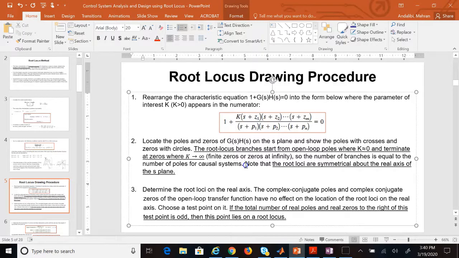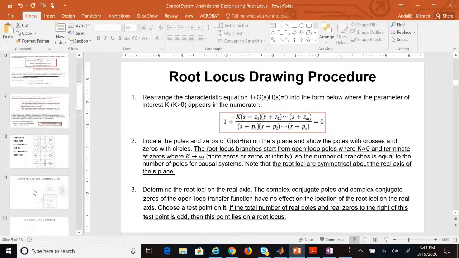So what we are drawing here is everything is in the imaginary plane. We have a real axis and an imaginary axis. So root locus is always drawn like any complex plot, and it is always symmetric about the horizontal or the real axis. Okay? So stage number 2 is you locate the poles and zeros of GH.